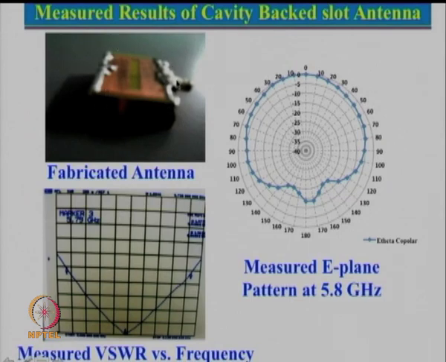Here is the feed point, where a microstrip line is going over here. One can see that the impedance matching is fairly decent, and this is the measured E plane pattern at 5.8 gigahertz. One can see that the maximum radiation is in one direction and the back radiation is relatively less, because we have provided a cavity on the back side.